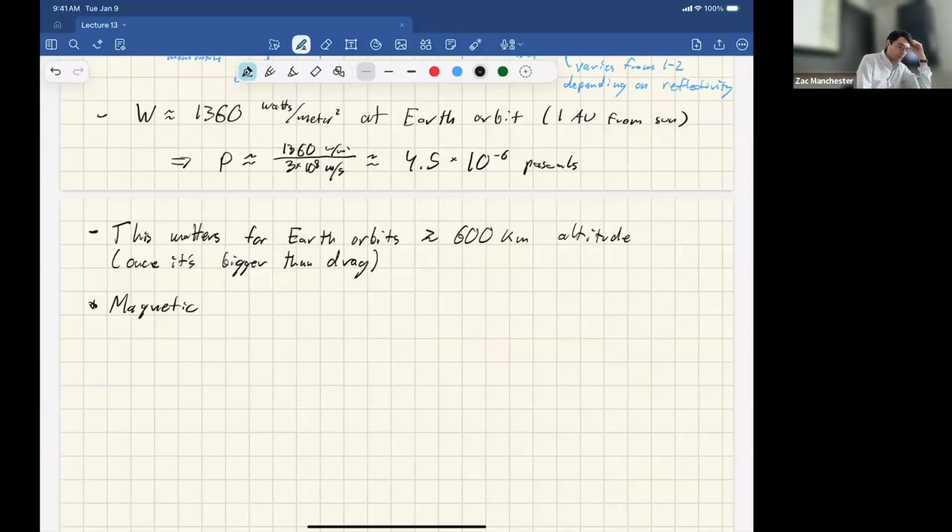Okay, cool. So let's talk about this one. Obviously, planetary magnetic fields are a thing, and they exert torques, right? If you have a dipole, there's M cross B, these kinds of torques.